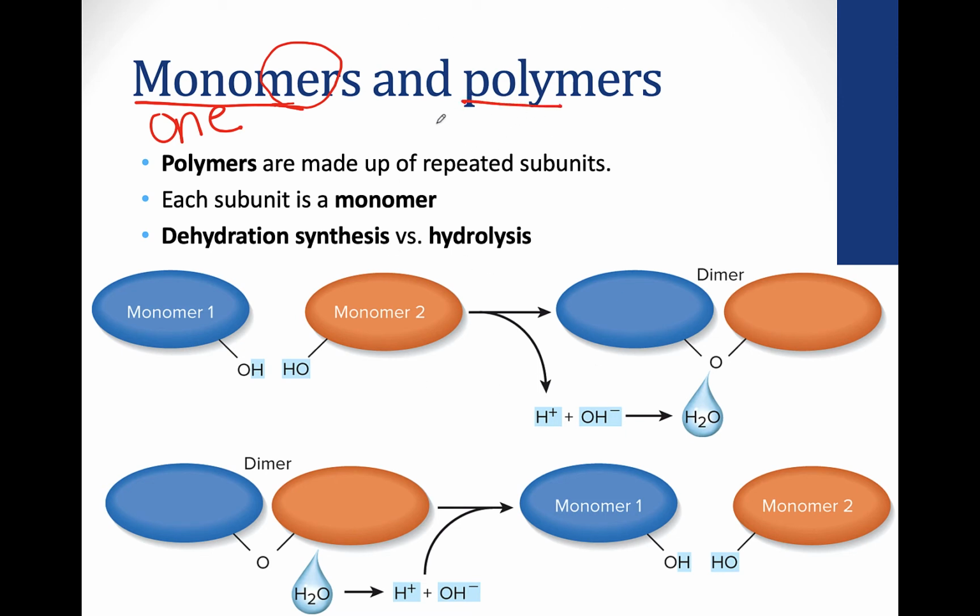Poly means many, right? So monomer means 1 subunit, and polymer means many subunits. So we make polymers up of monomers. If I take monomers and stick them together, I could end up with a really long chain of molecules, and that's called a polymer.